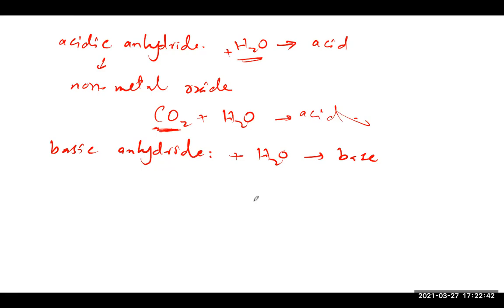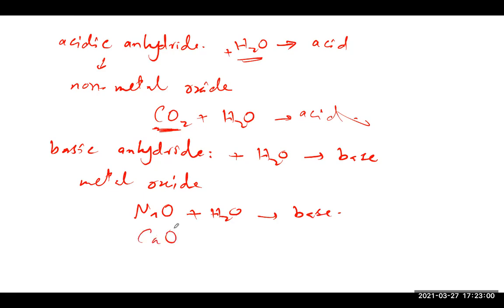For a basic anhydride, it will be a metal oxide, like Na2O. When dissolved in water, it will give you a base, like CaO. Any metal oxide dissolved in water is converted to a hydroxide, so it becomes a base, while a non-metal oxide becomes an acid.